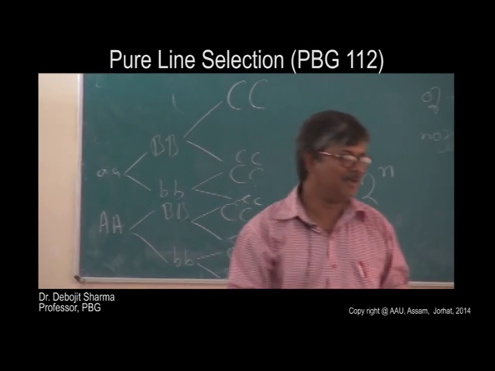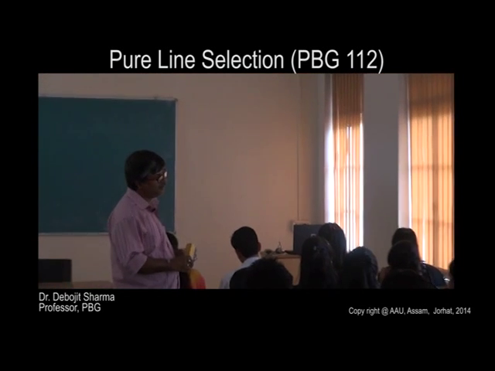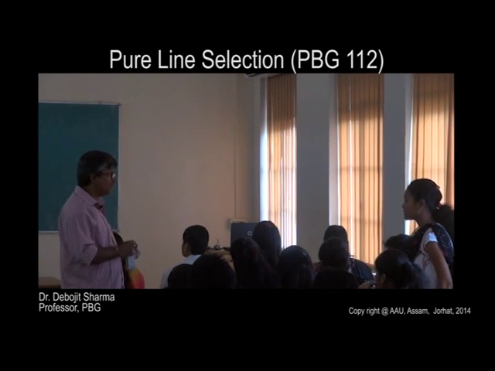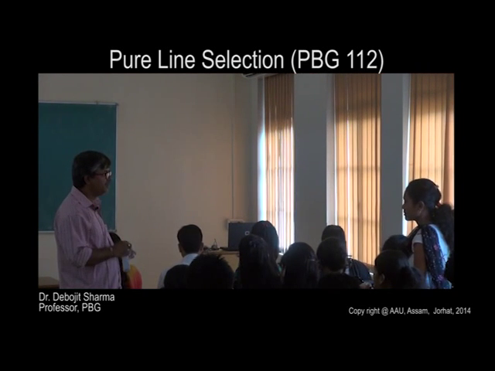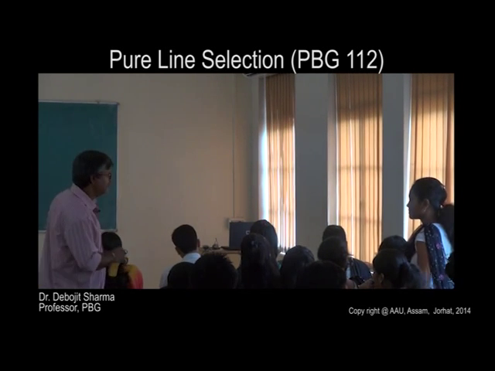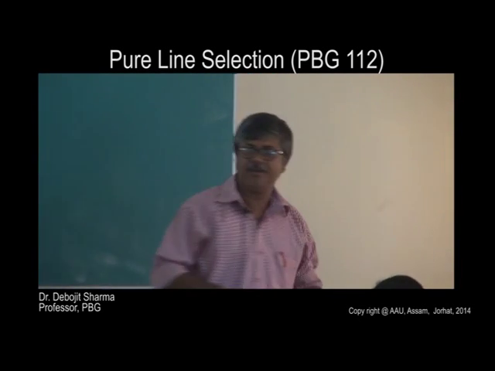Why don't you remember? Who gave the pure line theory? Loudly, speak loudly. Johansen. In the year 1903, Johansen gave the pure line theory.